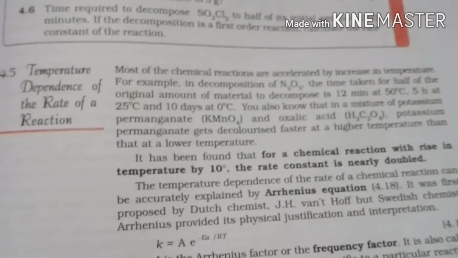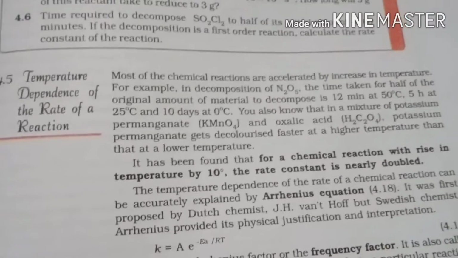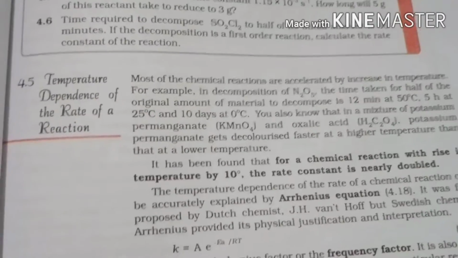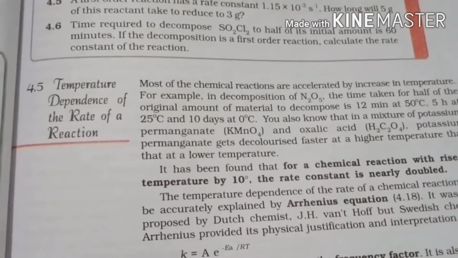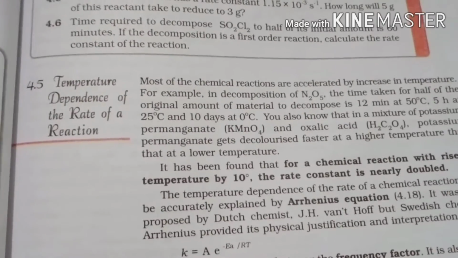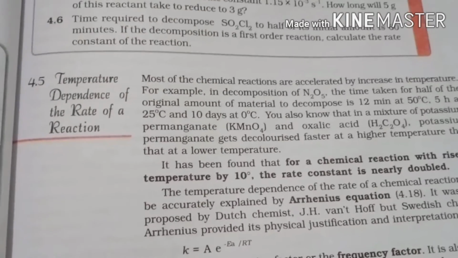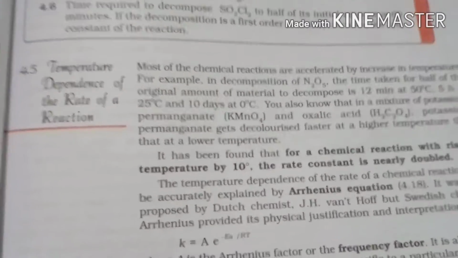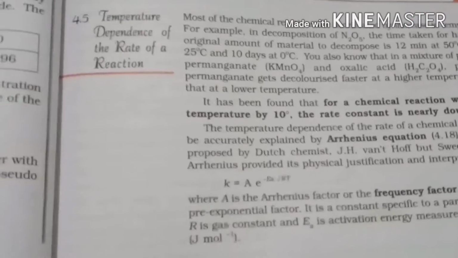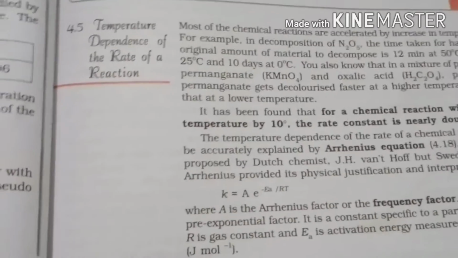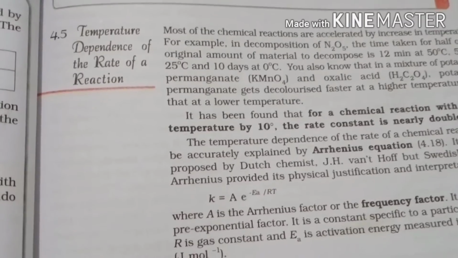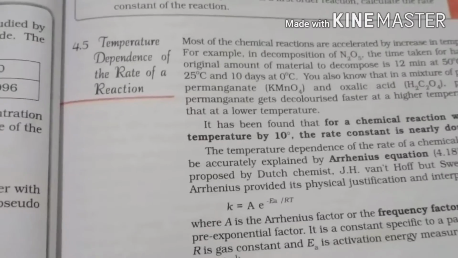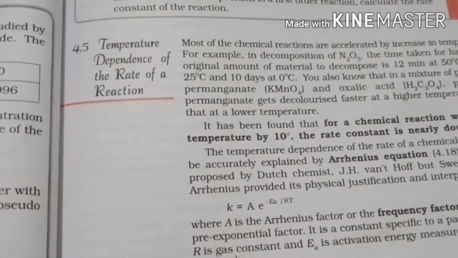This temperature dependence of the rate of a chemical reaction can be accurately explained by Arrhenius. It was first proposed by J.H. van 't Hoff, but the Swedish chemist Arrhenius provided the physical interpretation of this temperature dependence as k equal to A e to the power minus Ea by RT, where A is called the Arrhenius factor or frequency factor or pre-exponential factor.